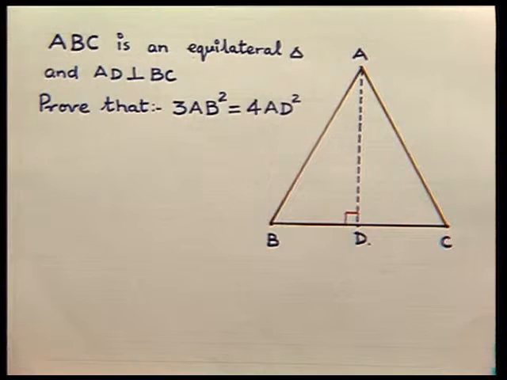Now, first let us go for this. The triangle ABC here is a right angle triangle.